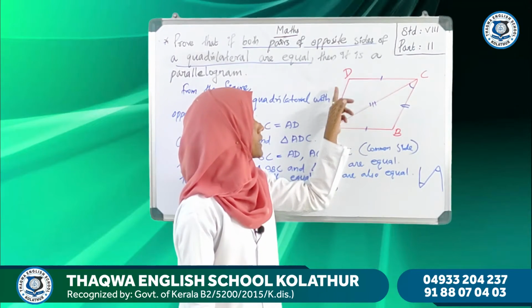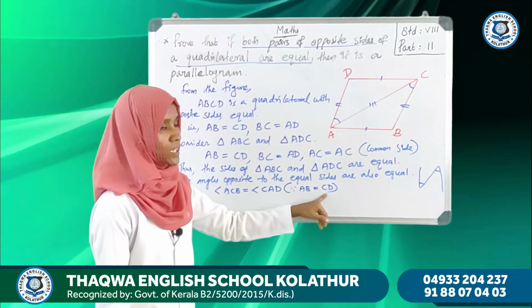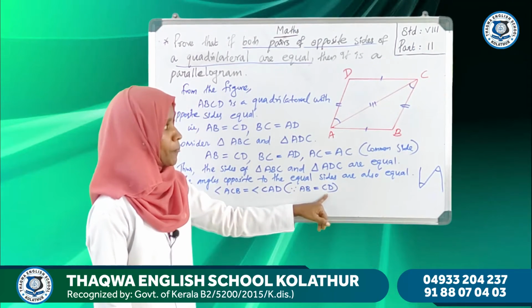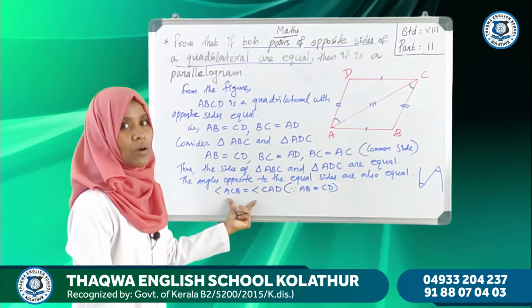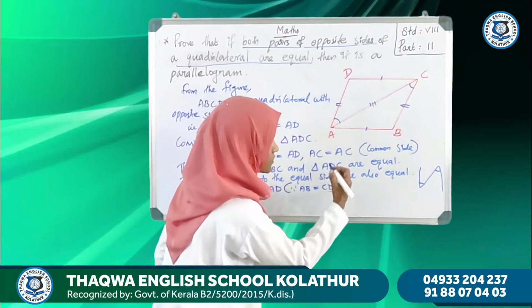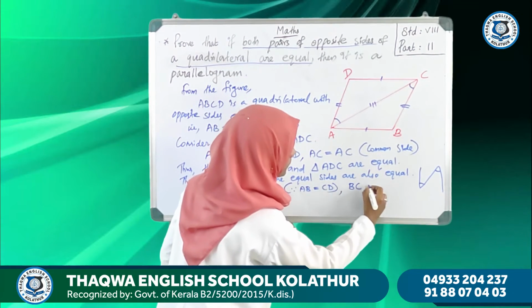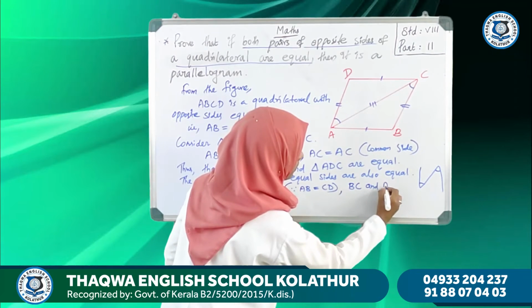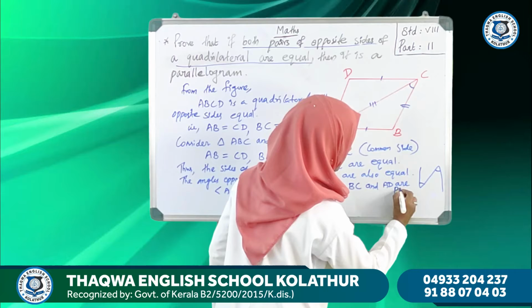Angle CAD is opposite to the side CD. AB and CD are equal. If these two angles are alternate angles and also they are equal, from this we can say that the lines BC and AD are parallel.